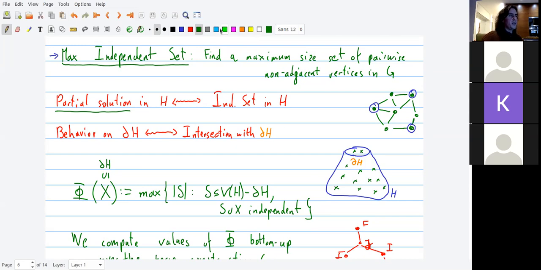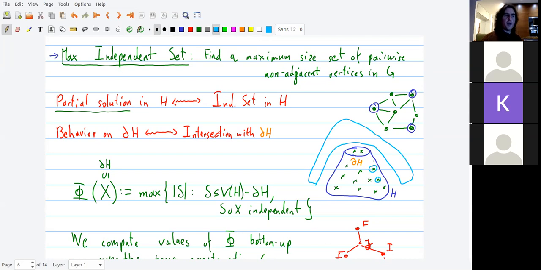So now imagine that we are doing this dynamic programming and there will be some future happening. Later I will add some more stuff to the graph. So observe that this stuff that I will add further on will never be adjacent to those vertices that are not in the boundary.